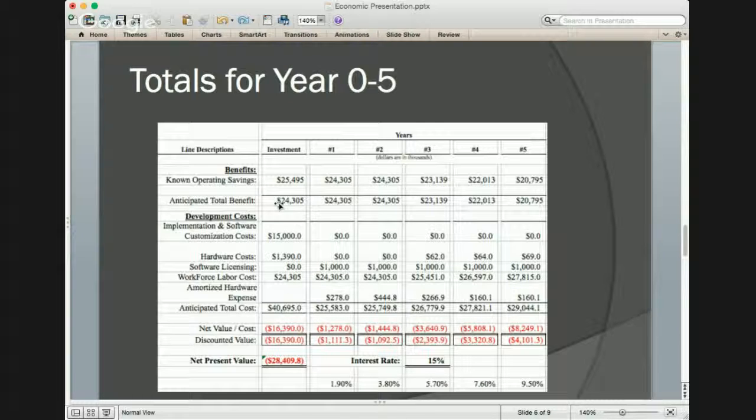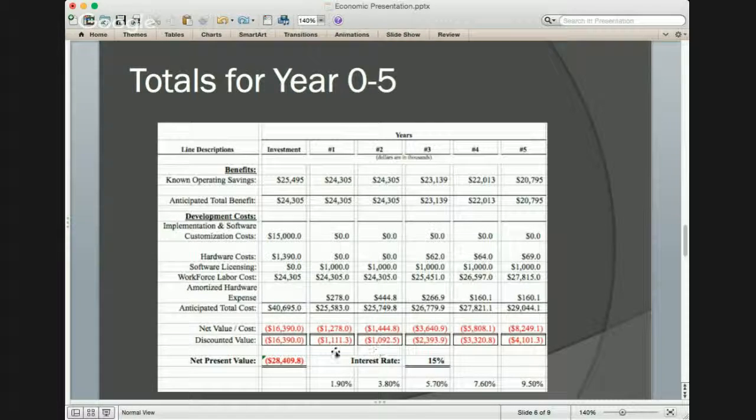So we are negative $16 million in the first year, and it rises a lot when we get into year 1 to $1,278,000. And then it slowly increases as we go along.